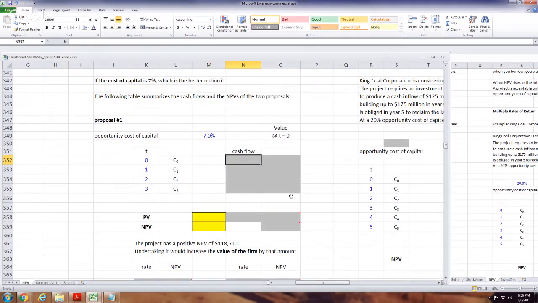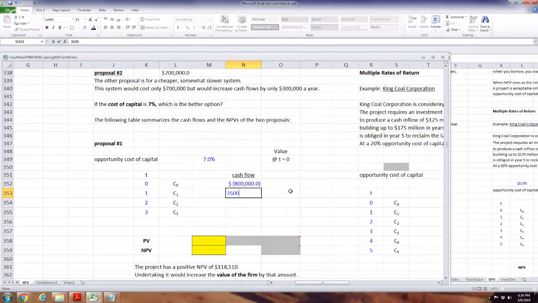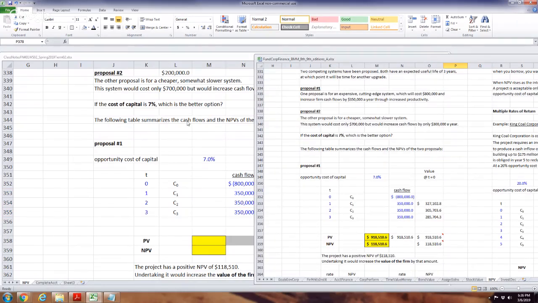I'm not exactly sure what I was thinking with it, but we'll just go with it. It is minus 800, 1, 2, 3. All right, we did all that. And we're going to get 350,000 a couple times. Okay, so we've got all those. And then you're going to do time value of money.